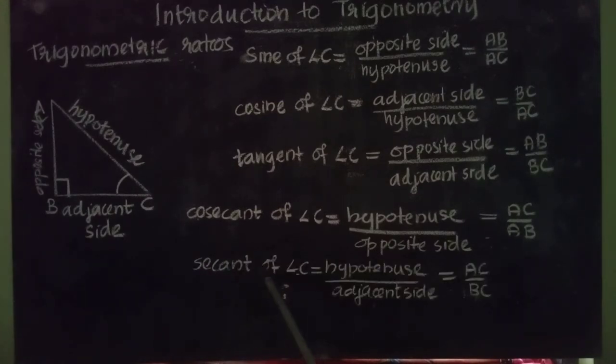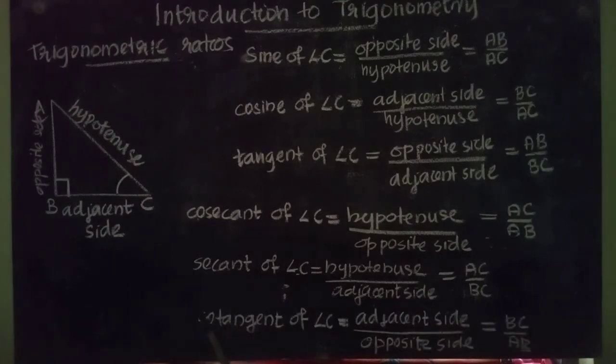Next, secant of angle C, that is equal to hypotenuse by adjacent side, that is equal to AC by BC. The last one is cotangent of angle C, that is equal to adjacent side by opposite side, that is equal to BC by AB. So these are the 6 trigonometric ratios.